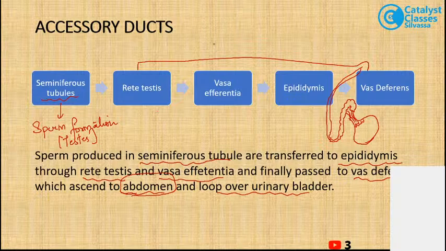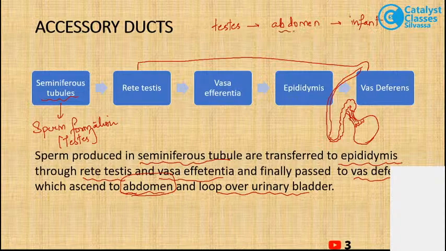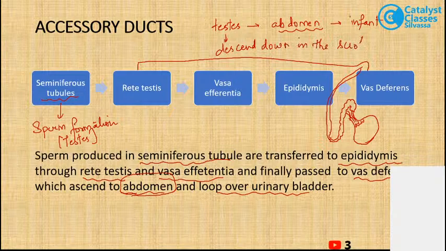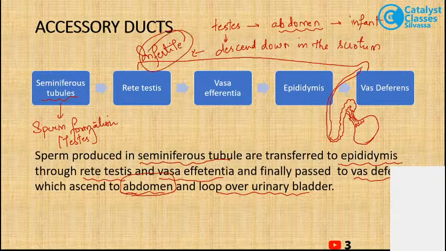Okay, अब बेसिकली होता क्या है कि टेस्टिस जो होते हैं, they are actually first present in the abdomen. एक इन्फेंट जो होता है, मतलब when a child is born, तो टेस्टिस कहाँ पे present होता है, abdomen में. Later when the male is reaching up to the age of puberty, the testis has to descend down, it has to descend down in the scrotum. अगर ये नहीं होगा then also the male will be infertile, क्योंकि अगर टेस्टिस स्क्रॉटम में descend नहीं हुआ तो उसको proper temperature नहीं मिलेगा for sperm formation, and as a result the male will be infertile, क्योंकि sperm formation ही नहीं होगा उसमें.